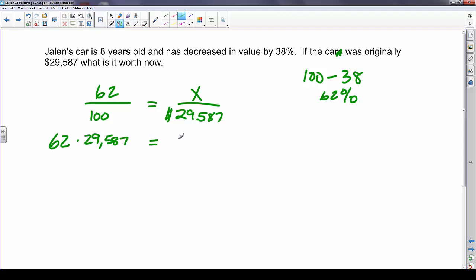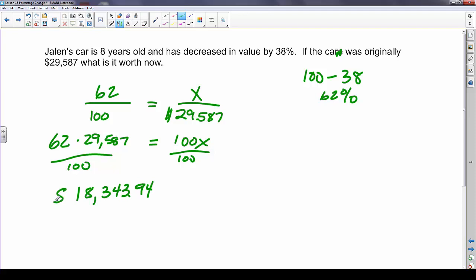Set that equal to 100x. Divide both sides by 100. And I end up with $18,343.94. So not bad for an 8-year-old car, held its worth pretty good.